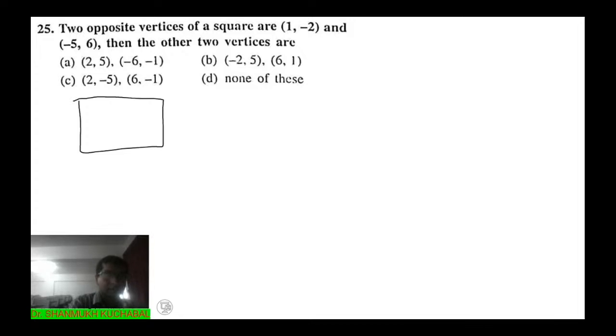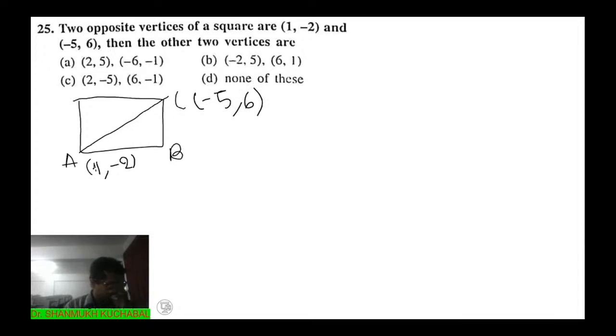So this is a square ABCD, and AC is a diagonal. So the coordinates are A (1, -2), B we don't know, C is (-5, 6).